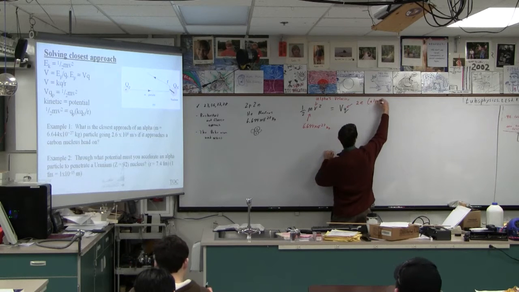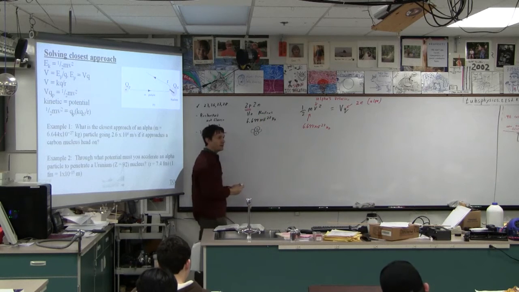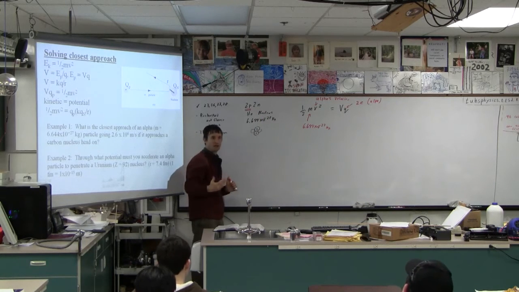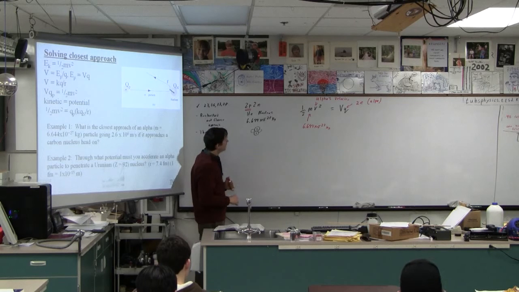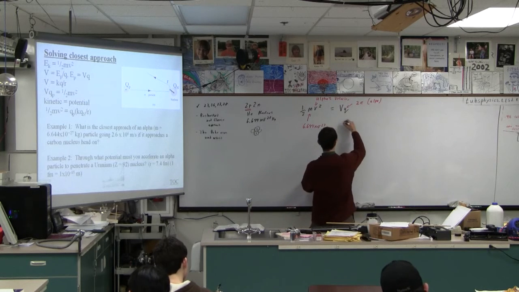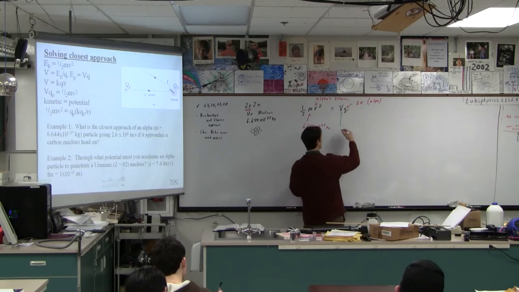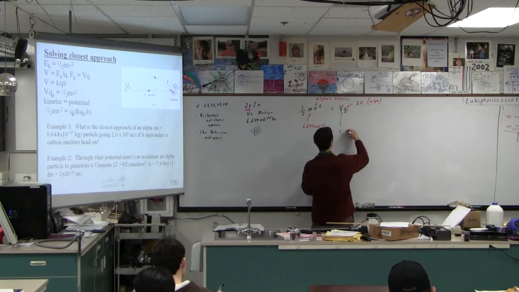Why is it 2 electron charges? 2 protons. There we go, right? Protons have the same charge as an electron. Okay. So it's got 2 electron charges like that, and then what do we do with our V? Well, remember the nucleus of the atom is like a point charge, and the voltage near a point charge is KQ over R.